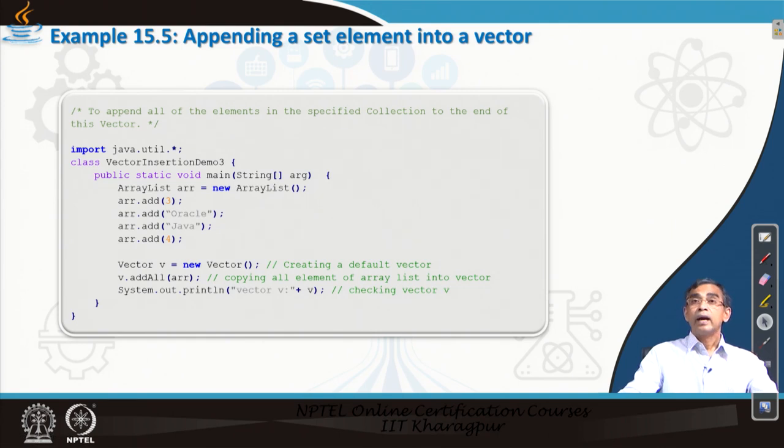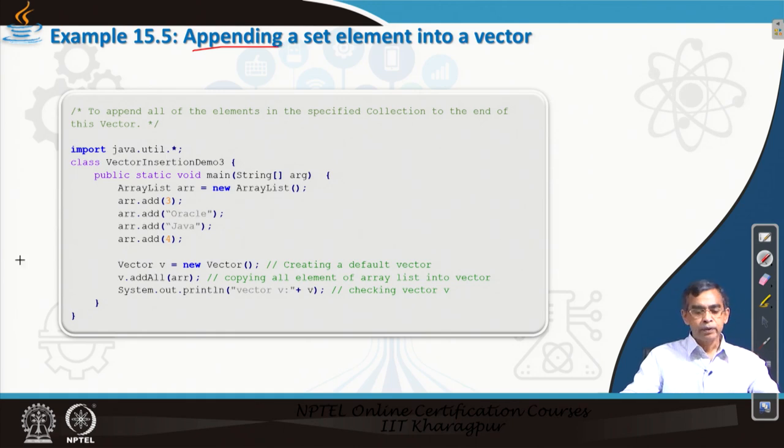Now another insertion operation is where you want to insert a set of elements, but in an appending mode. Appending means the vector already contains some elements and you want to add after that. Now let us see one example of how appending, that means adding a set of elements into an existing vector, can be carried out.